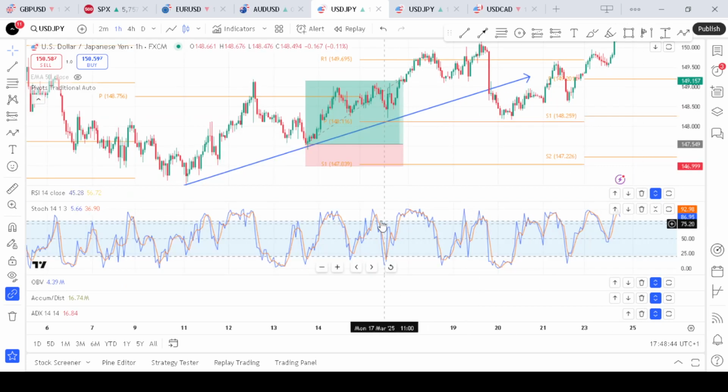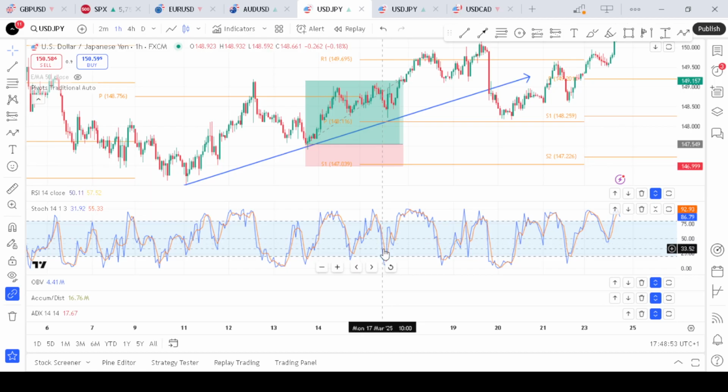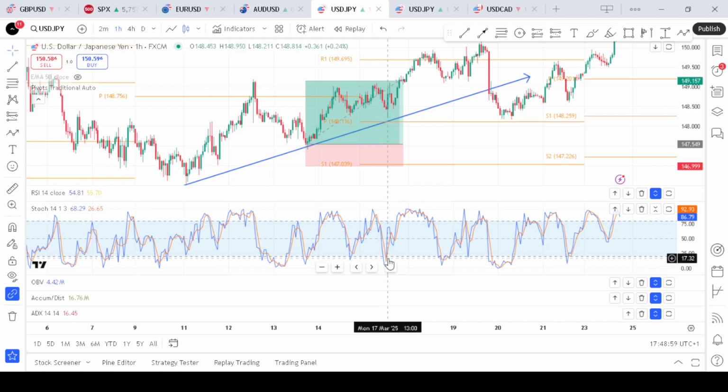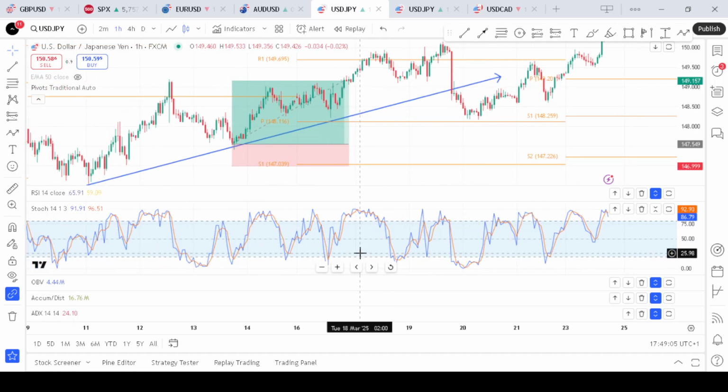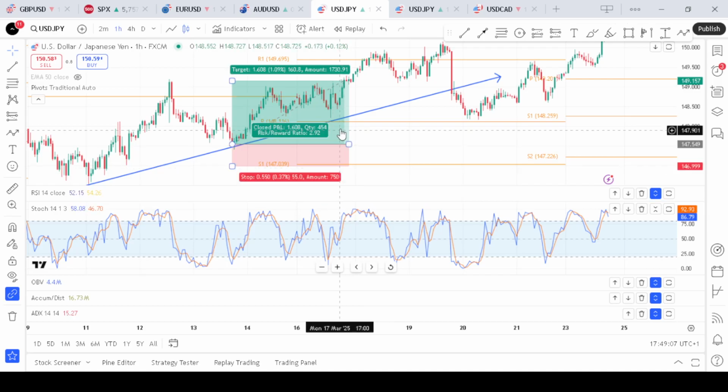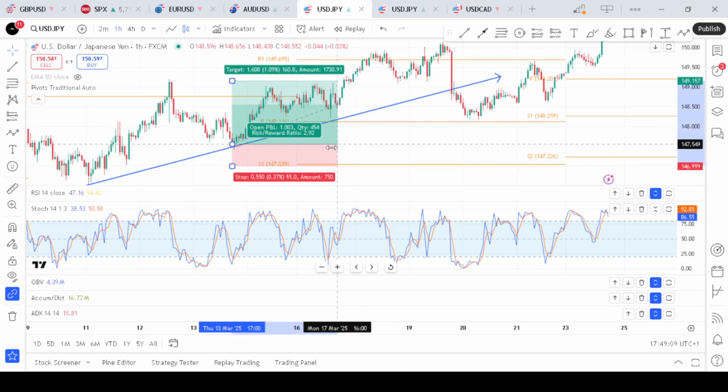You exit the moment price falls below or is falling below the 50 region, signifying that we are coming into a selling market. Or when your stochastic oscillator crosses to the opposite side, when you see a crossover in your stochastic oscillator indicator, this signals an opportunity for you to leave the trade.